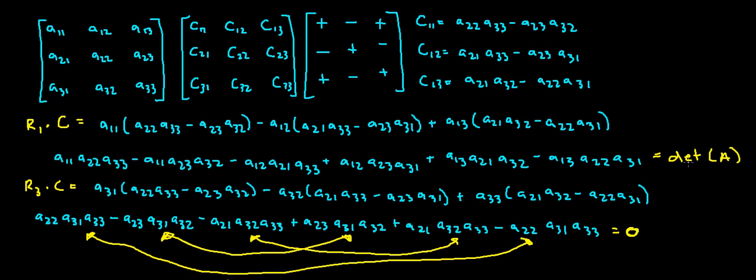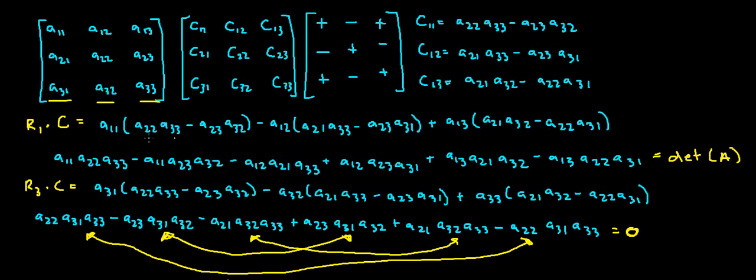So now let's see what happens when we multiply these cofactors by a different row, say row 3, so that way the signs don't change or anything like that. So instead of multiplying these things by A11, A12, and A13 from the top row, I'm going to multiply them by A31, A32, A33, and see what happens.